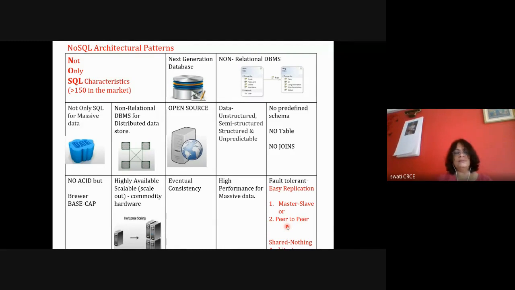All the nodes are of the same capacity, and they communicate with each other, spreading information about what data they have, and replication happens. So it can be a peer-to-peer architecture or a master-slave architecture. An example of a master-slave NoSQL database is HBase, and an example of a peer-to-peer database is Cassandra.